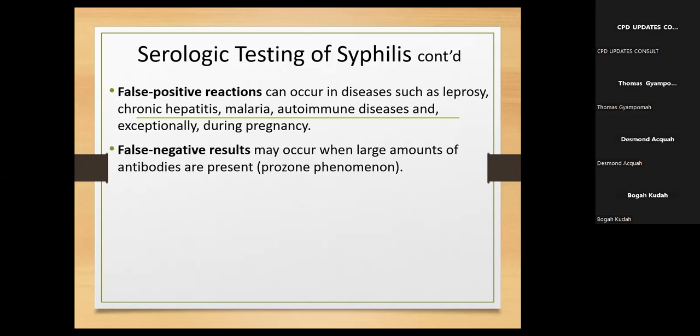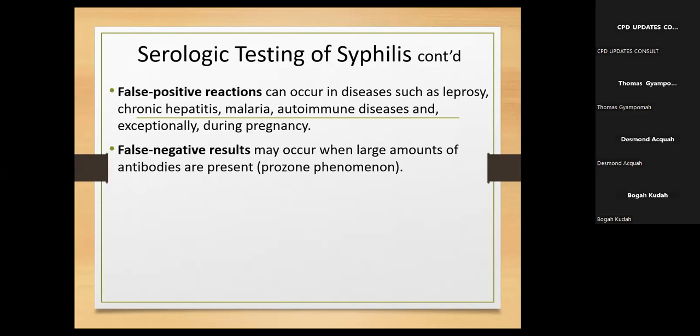When it comes to the reverse algorithm, if you did your first test using the Treponema method, and for that matter, you did the RT, if it is positive, nobody asks you to do that one first.